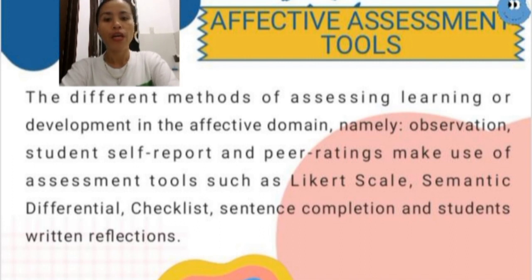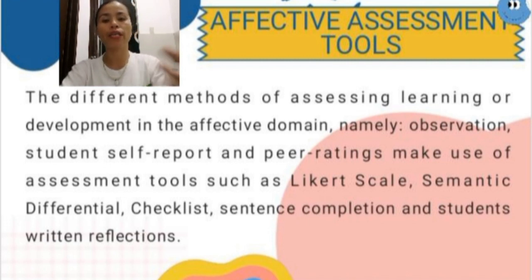Next, the different methods of assessing learning development in the affective domain, namely observation, student self-report, and peer ratings, make use of assessment tools.